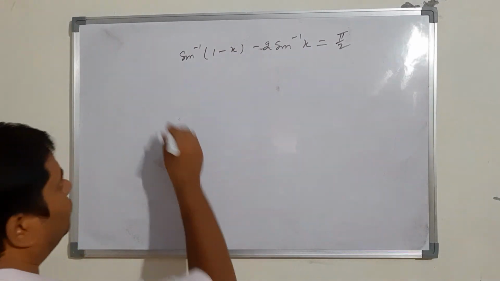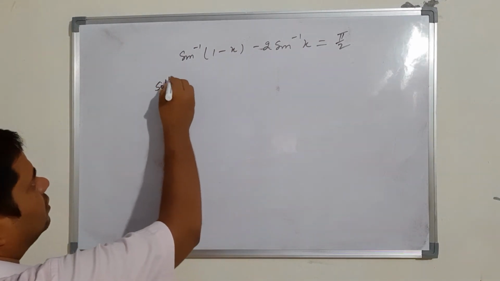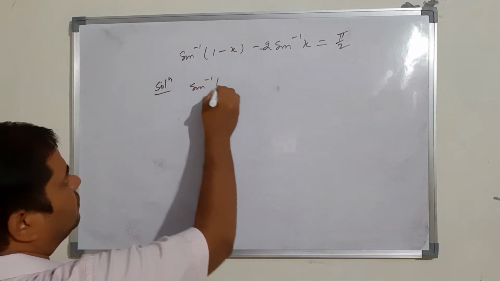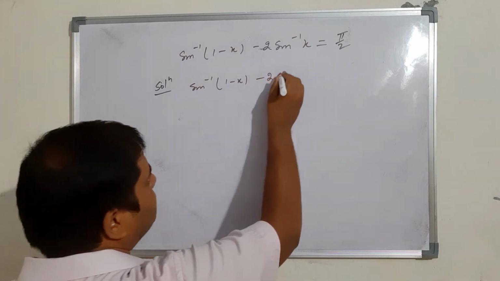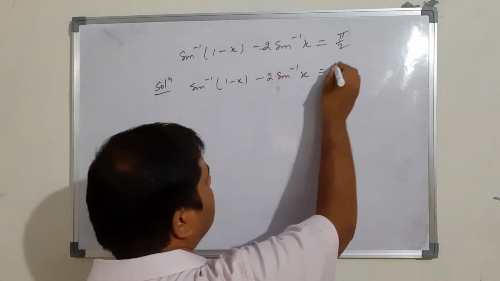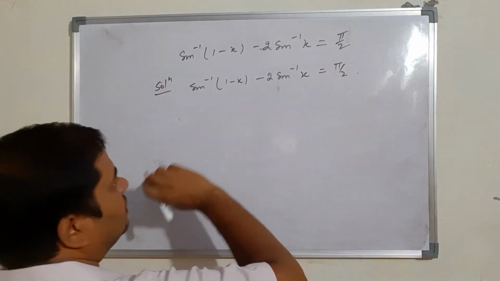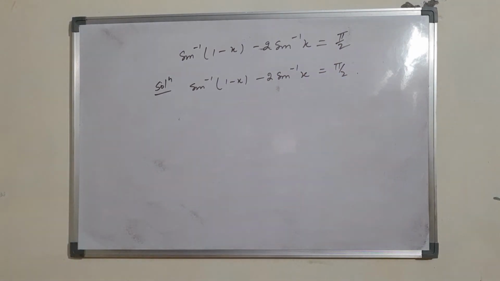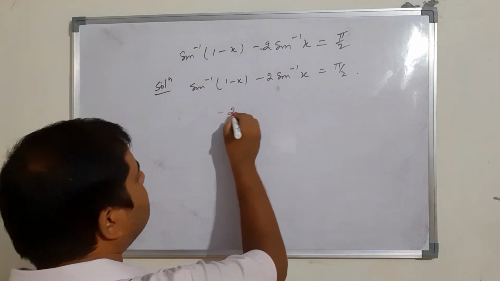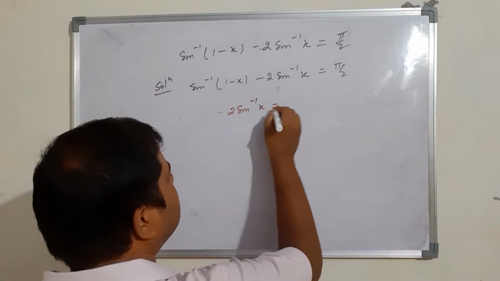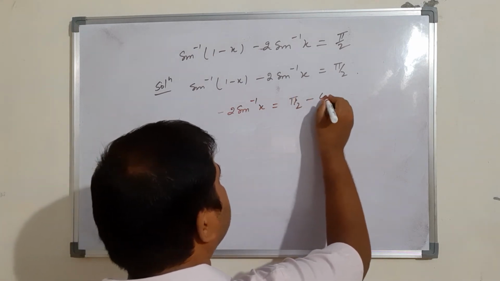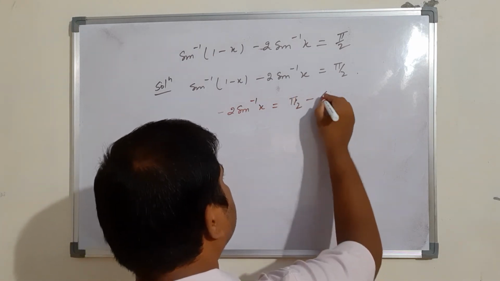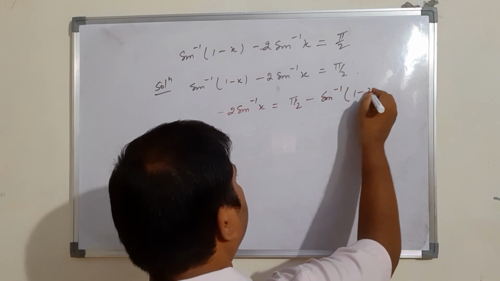Okay. So for this solution, sin inverse of 1 minus x minus 2 sin inverse x is equal to pi by 2. Then we can write it as minus 2 sin inverse x is equal to pi by 2 minus sin inverse of 1 minus x.